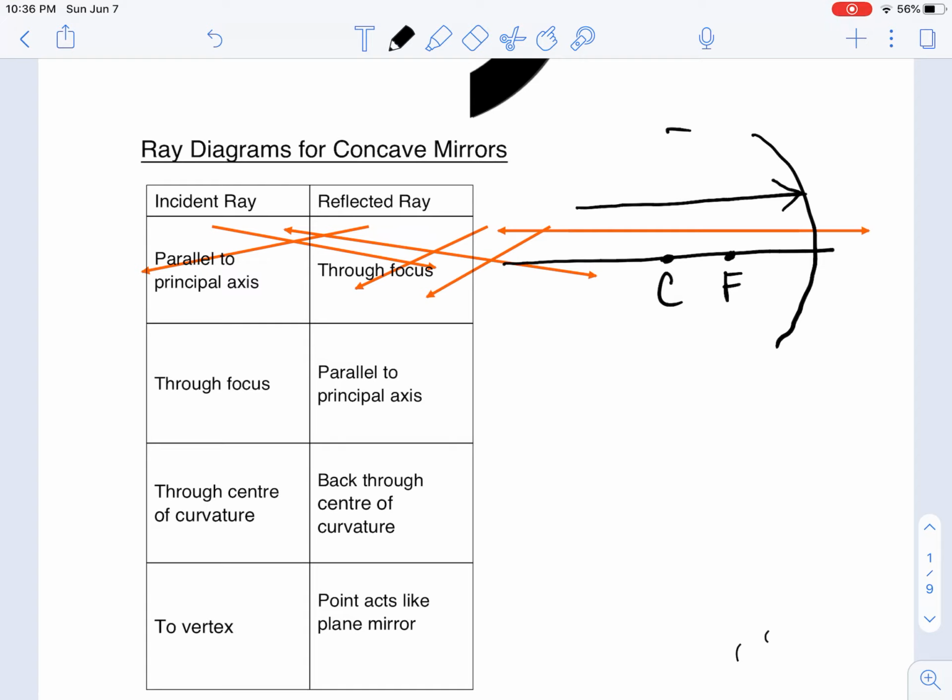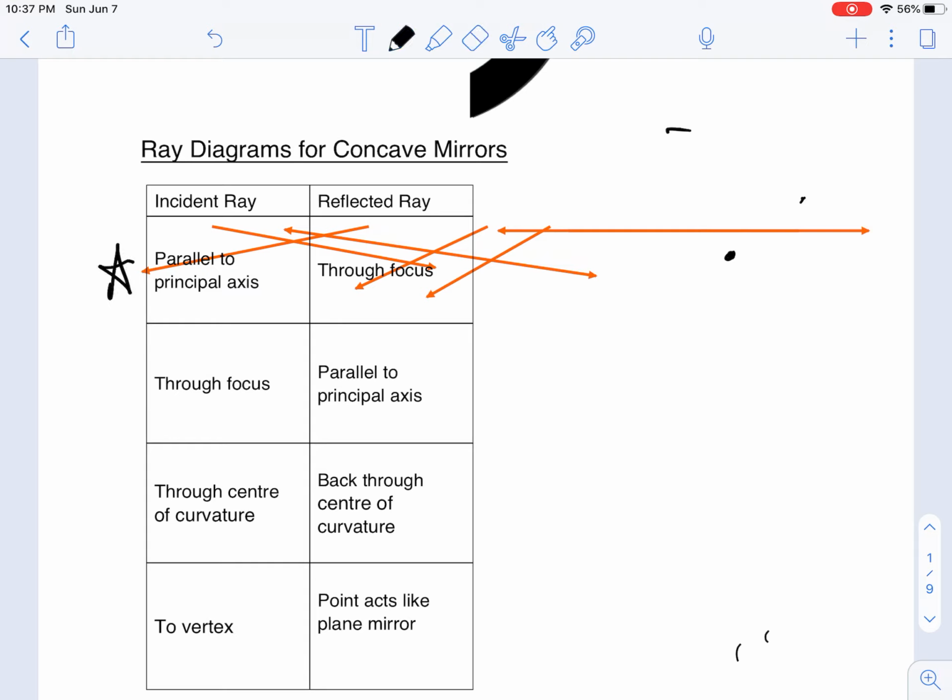So as long as the ray comes in parallel to the principal axis, it is going to bounce off that curved mirror and go through the focus every single time. Okay? And you have a lovely diagram of that, so you don't have a mess of arrows like I do. This one, I'm just going to tell you before we move forward, is what you're going to use often. So you're going to use the parallel, then focus.